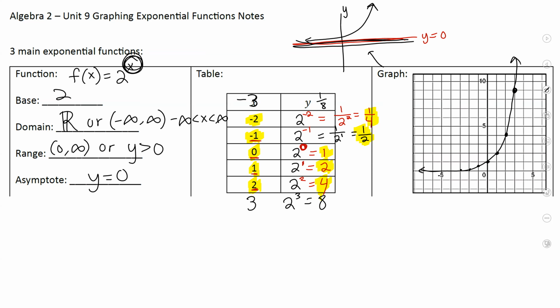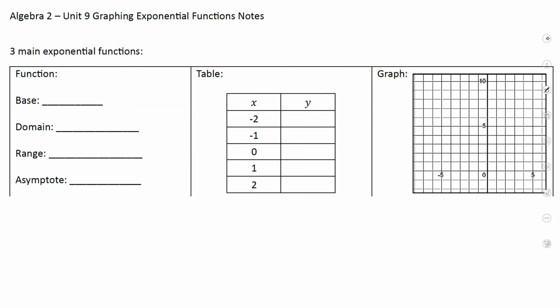All right, let's go ahead and do the next parent function. We're going to do base 10 this time. So this time we're going to do f of x equals 10 to the power of x. The base is 10 this time. So we just did base 2.